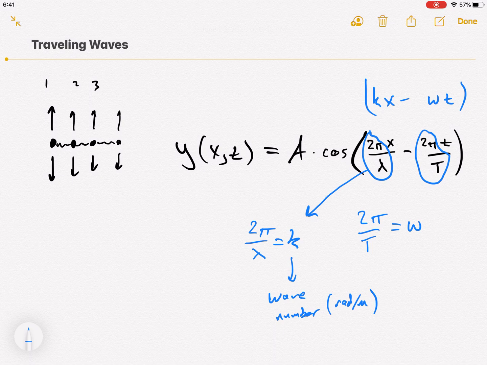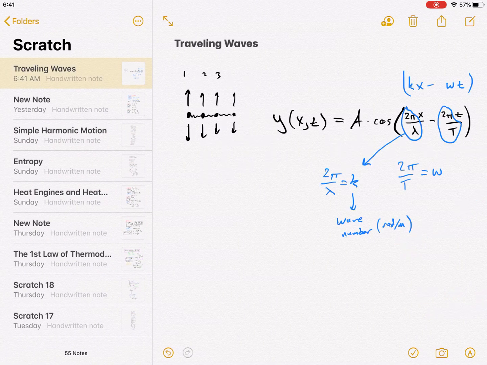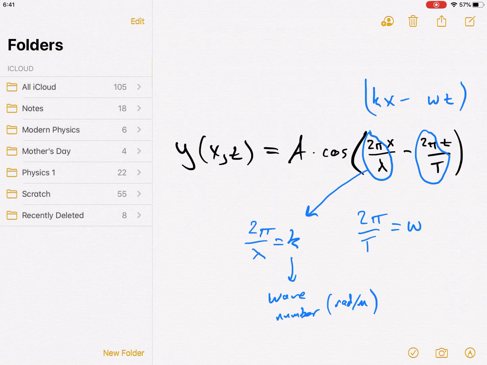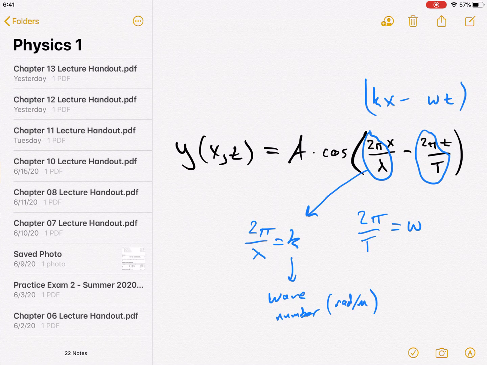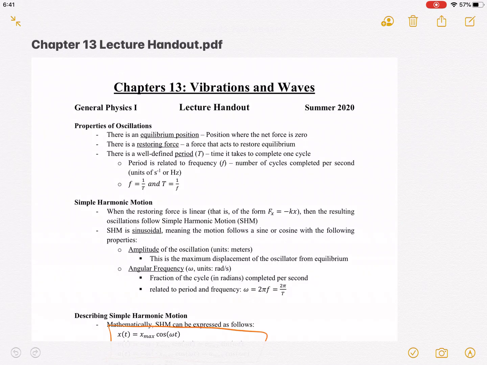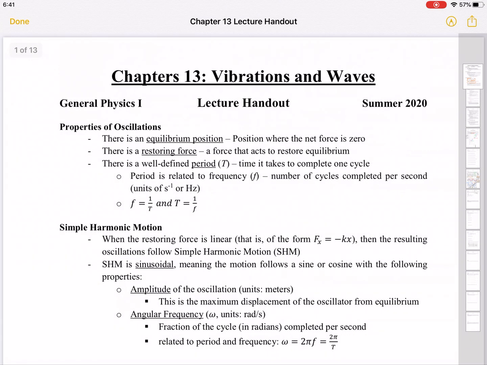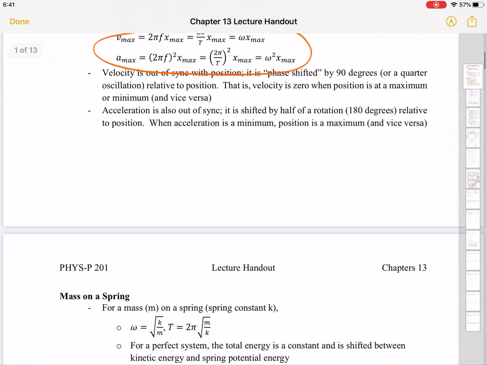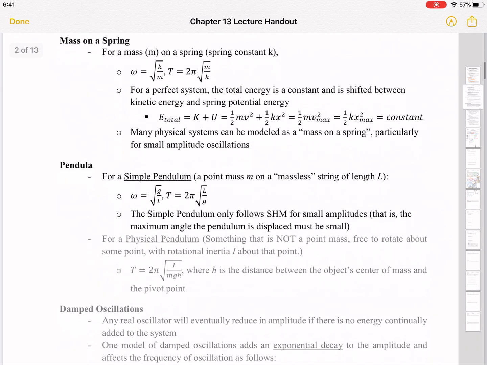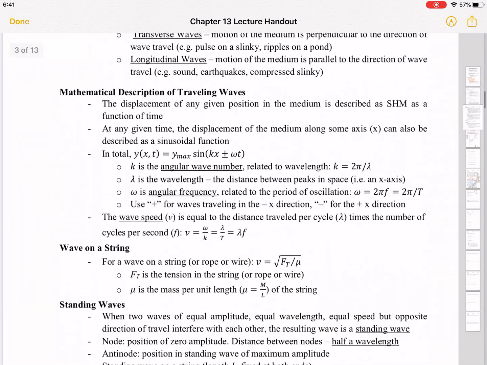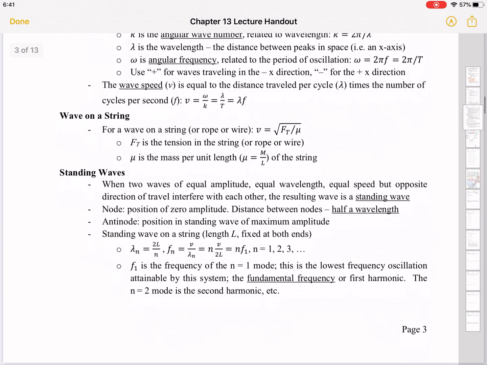But then from this equation, you could grab this information, right? You could see what the wavelength is from this, and see what the period is from this. Let's do a quick example. In the lecture handout, here's the description of that.